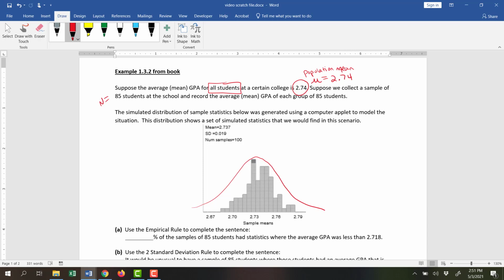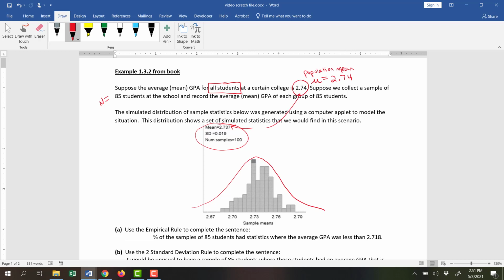It tells us in the upper left-hand corner of the picture that the mean of this distribution is 2.737, and the standard deviation of this distribution, also called the standard error, is 0.019. Do notice that the mean is 2.737 in the simulated distribution, even though we would expect it to be 2.74.